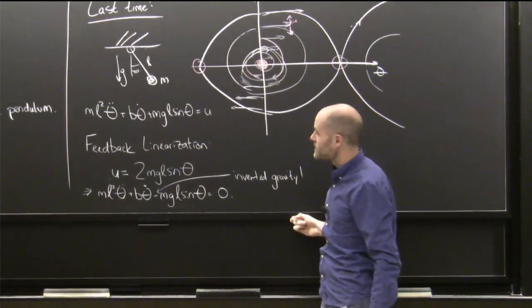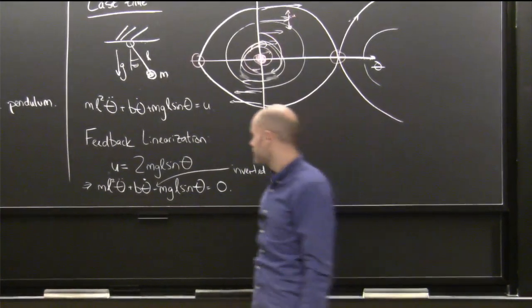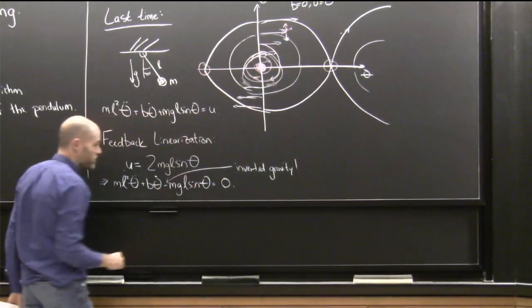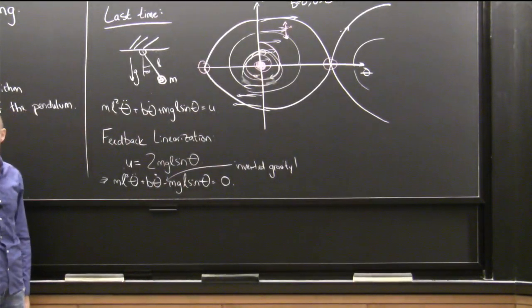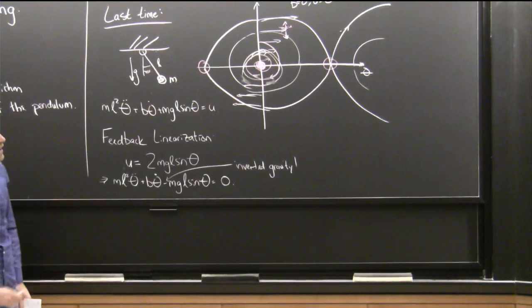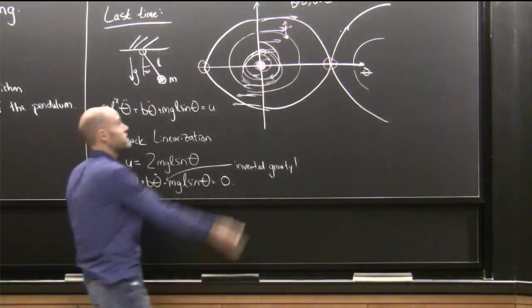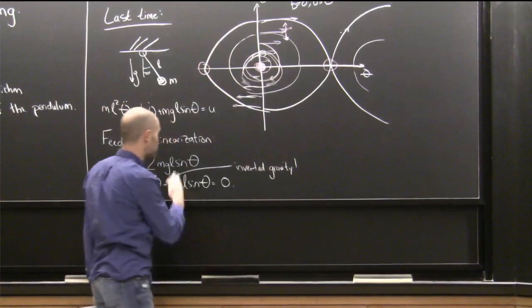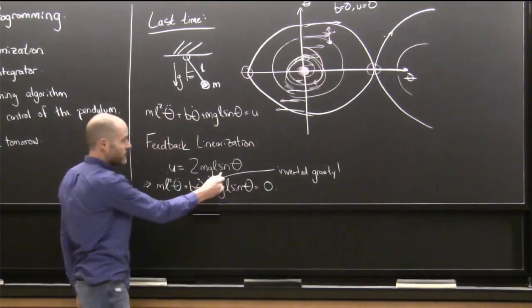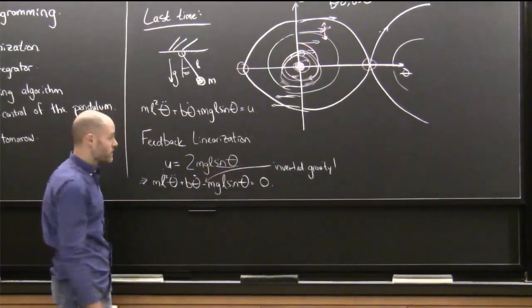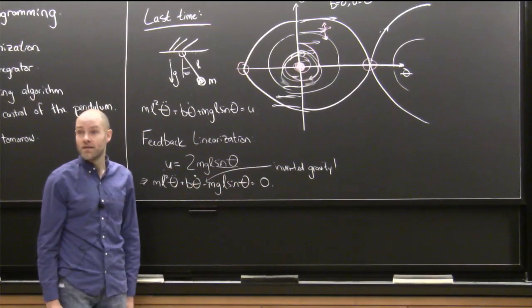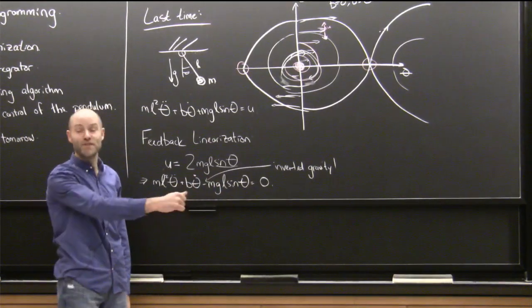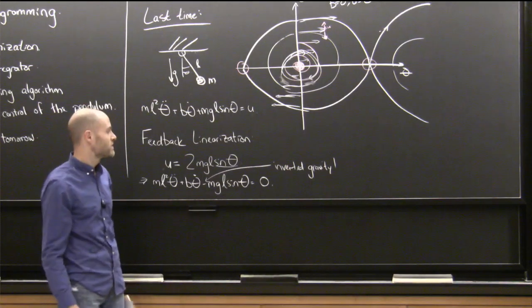The practical reason why you might not want to do that is that it potentially requires large u's, even for relatively small velocities, as there's no velocity term. Sine theta is bounded by 1, so it's going to be up to 2 mgl, which is a relatively large torque for a pendulum.